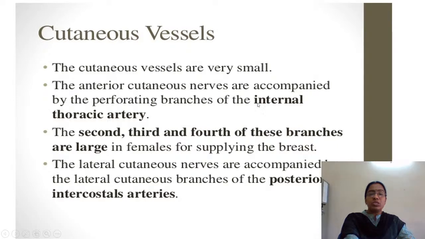The perforating branches of the internal thoracic artery are accompanied by the anterior cutaneous nerve. The lateral cutaneous nerve is accompanied by posterior intercostal arteries.